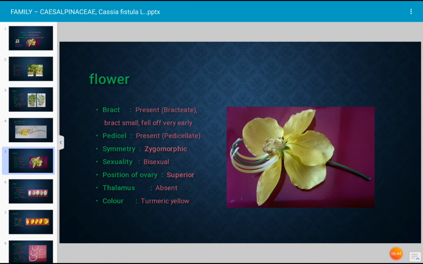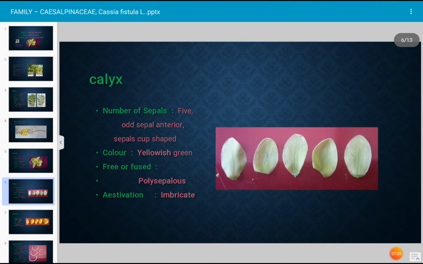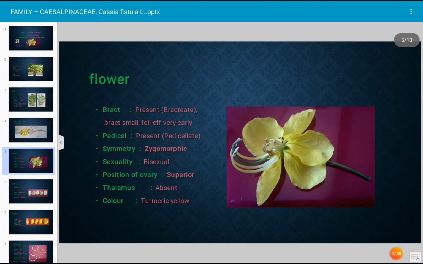And the symmetry of the flower. See carefully, in the flower the petals are of different size. The petals are not exactly similar in size and shape. Such a flower is asymmetrical, and it is described as a zygomorphic flower.